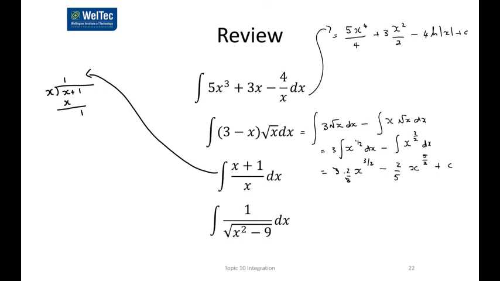No, so it has to be 1 over x. So we're just doing algebra first, and then we could say that the integral of x plus 1 over x is the integral of 1 plus the integral of 1 over x dx. So the integral of 1 would be x, and the integral of 1 over x would be natural log of x.